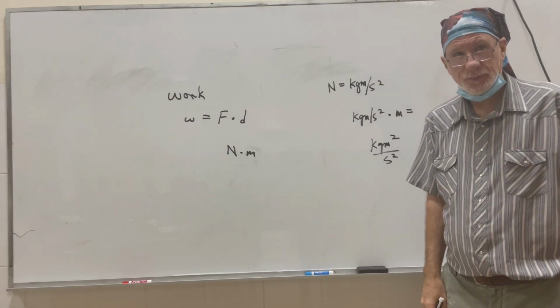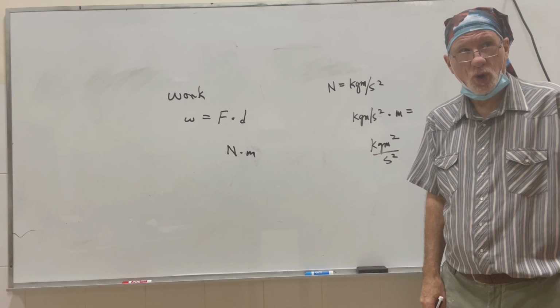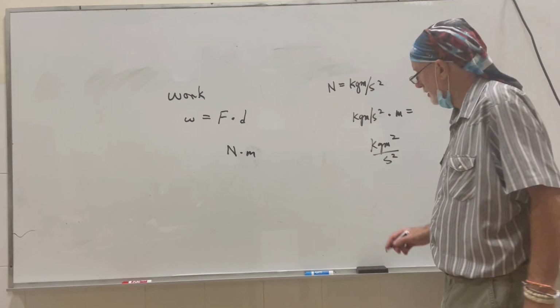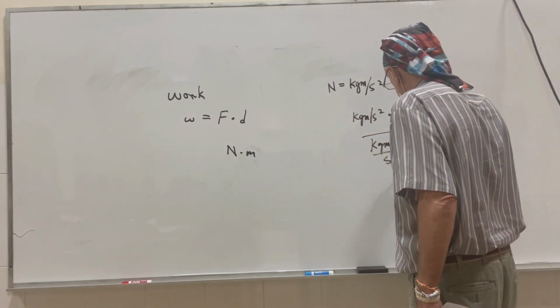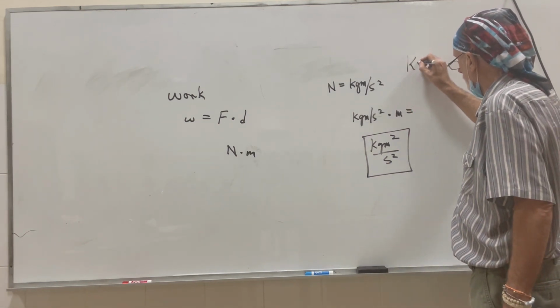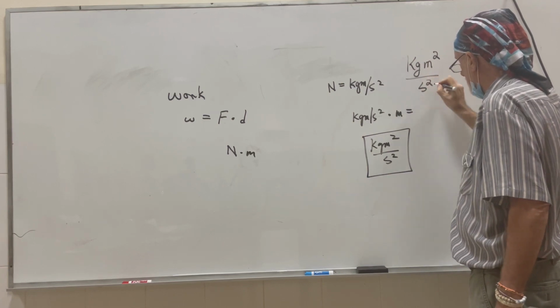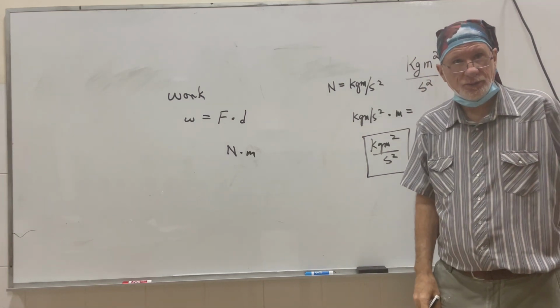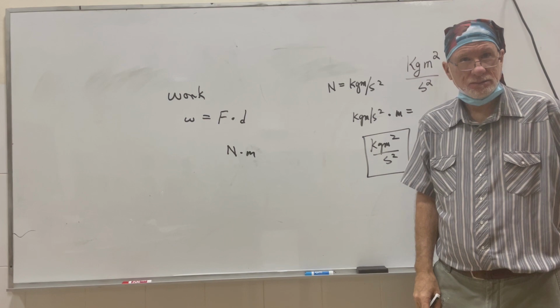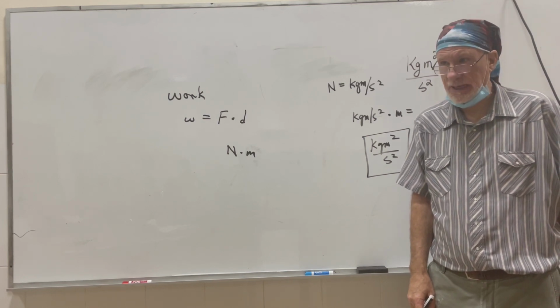Correct? Yes? So, the unit labels for work are actually this: kilogram meters squared over second squared. Clear? Make sense? Yes? Please don't say yes if you don't understand.